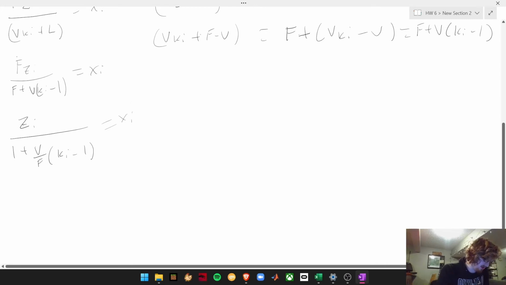The reason we did that is because we have these two F's here, and we just wanted to simplify it a little bit. And the interesting thing here is that this V over F is going to be equal to the vapor fraction.